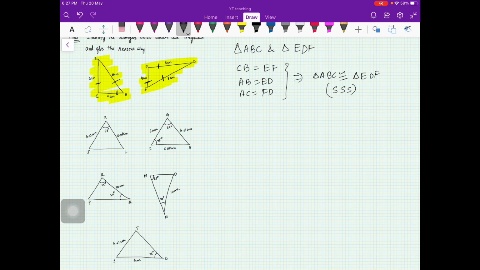Now let us look at these two triangles here. One side here is 4.61 centimeters and here also I can see 4.61 centimeters.